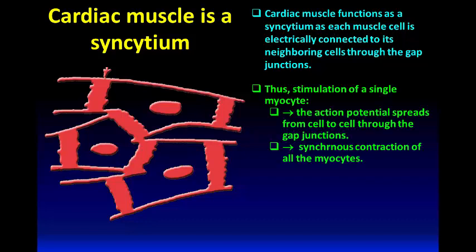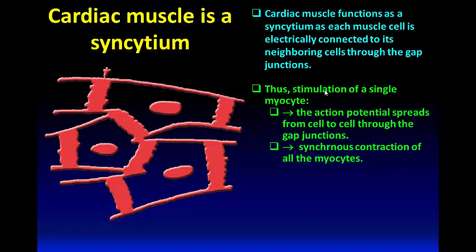Thus, when a single cardiac muscle cell, a single myocyte, is stimulated, it responds electrically by the generation of a fast action potential in the sarcolemma of the myocyte.